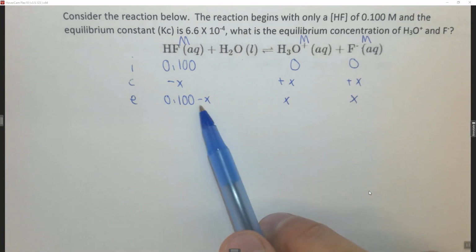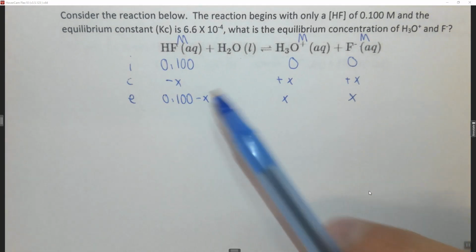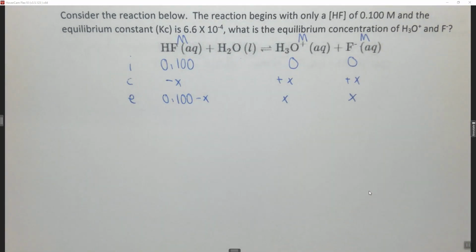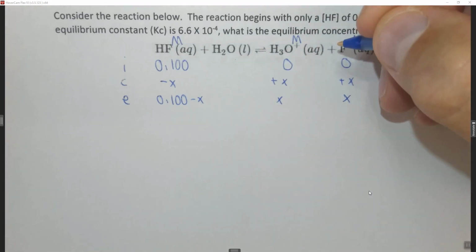But if this x is less than 5% of the original 0.1 molar, we can go ahead and ignore this x. Basically, for the homework set and for the randomized online homework, you can always ignore the x. And if I write the test, you can ignore the x on there too, because you don't have to use the quadratic equation.